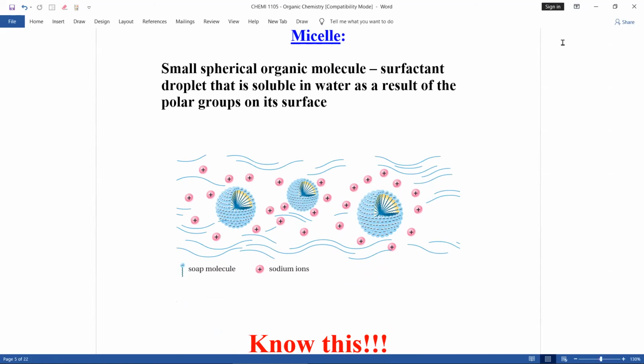Now, these are micelles. What they did is they cut out a part right there so you could see inside, but really that part where the segment is cut looks just like this right here. And now you can see for each soap molecule, the nonpolar tail is inside, and the outside is the polar head. So these spherical shapes are called micelles.